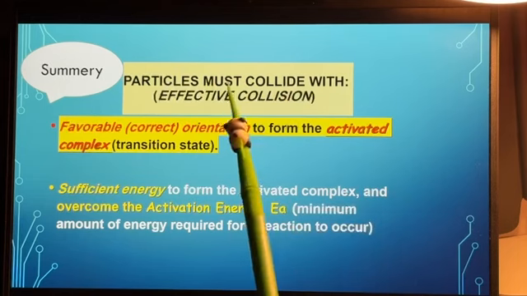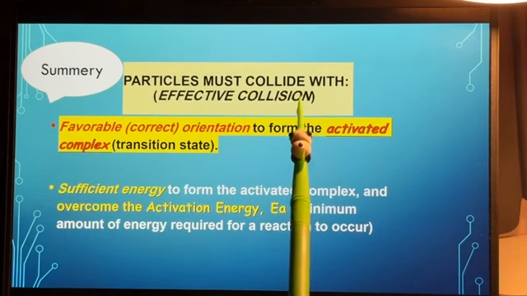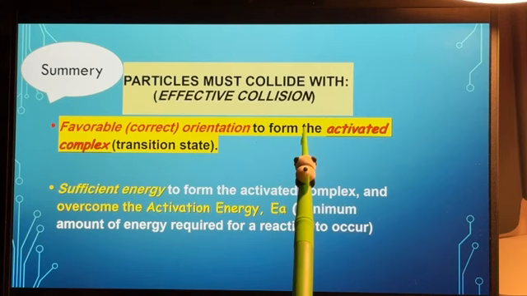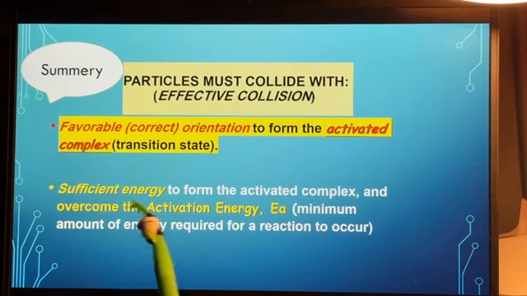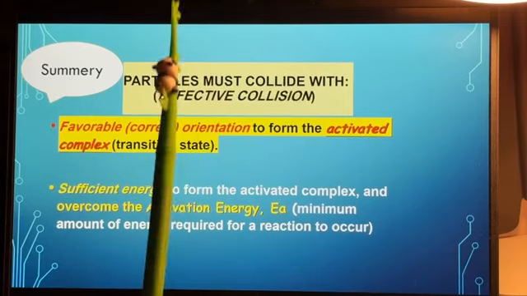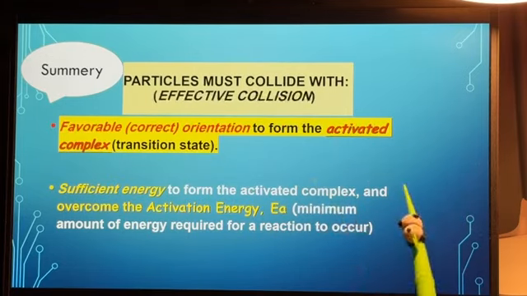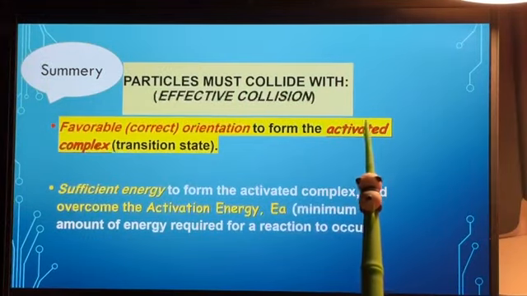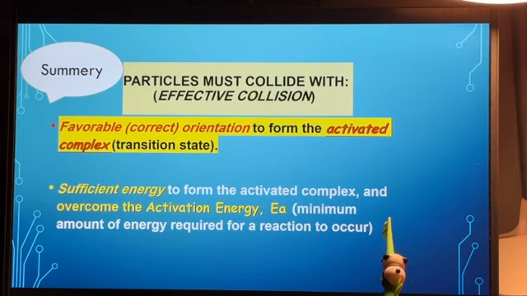So, the particles must collide with effective collision, having sufficient energy to overcome the activation barrier and the correct orientation. Then only they will form the products. So we have learned the two factors which lead to formation of products.